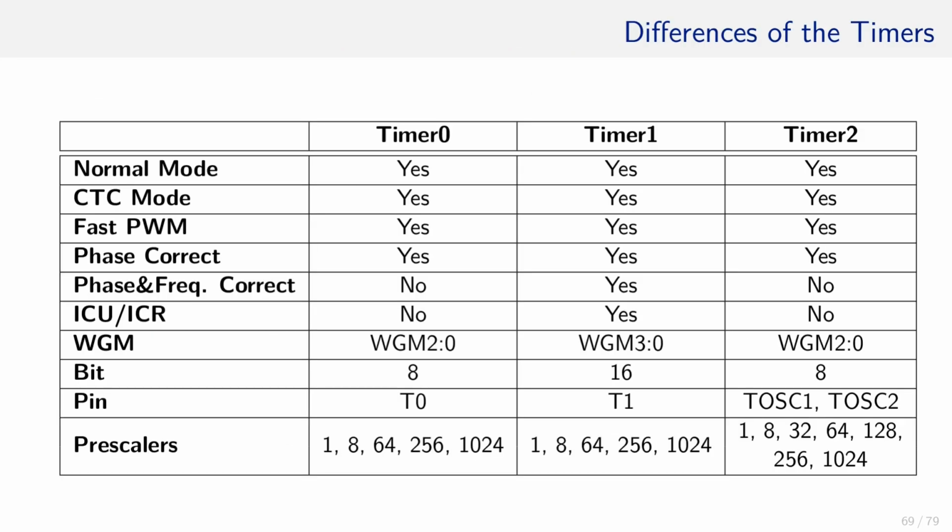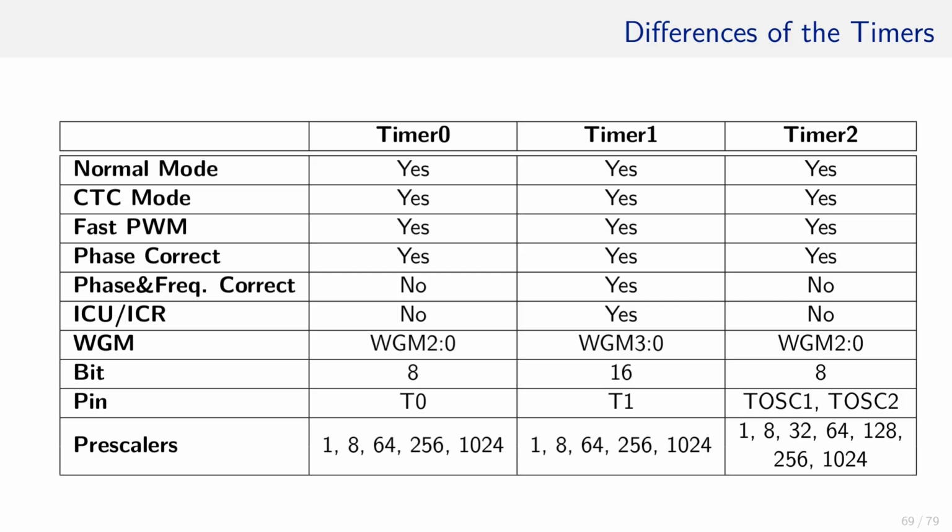In this session, we briefly summarize the differences between timers. This table shows that all modes are available in all timers, except the phase and frequency correct mode, which is exclusive to timer 1 only. The same is valid for the ICU and ICR, which we will introduce in a minute or two.